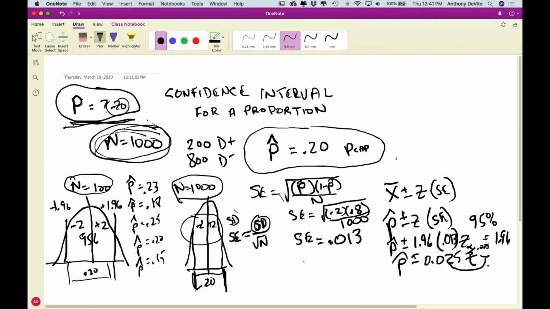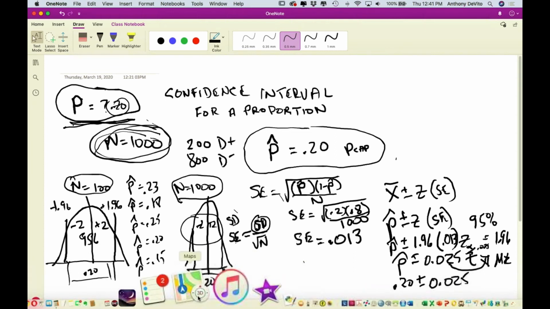We call that the margin of error. So we're going to add and subtract the margin of error. That's just a new name for this value multiplied out. So we're going to take our proportion, which is 0.20 from our sample, plus or minus 0.025. So we're going to subtract it, and then we're going to add it to get two numbers.